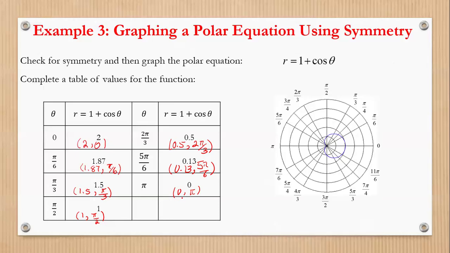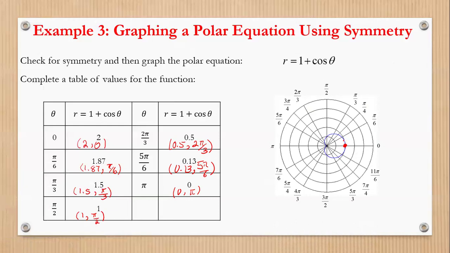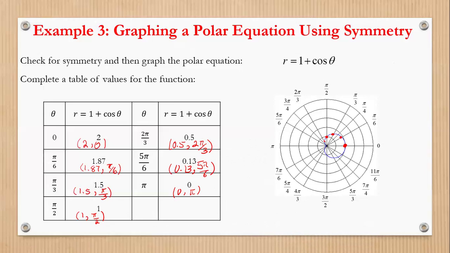So 2 and 0, it's over here. Next point is 1.87 and pi over 6, 1.5 and pi over 3, 1 and pi over 2, 0.5 and 2 pi over 3, 0.13 and 5 pi over 6.